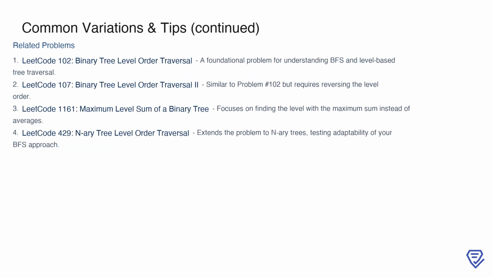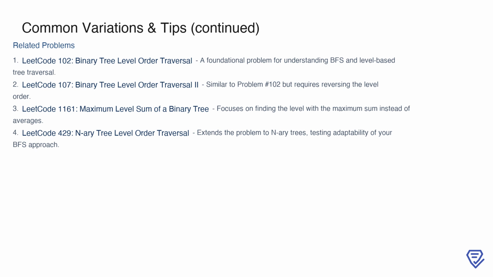Let's look at some related problems that can help you deepen your understanding of this concept. A great place to start is LeetCode 102, which focuses on binary tree level order traversal. This problem lays the groundwork for understanding how BFS can be used to traverse trees level by level. Another useful problem is LeetCode 107, which is similar to problem 102 but requires you to reverse the level order, giving you practice with slight variations on the same core algorithm.